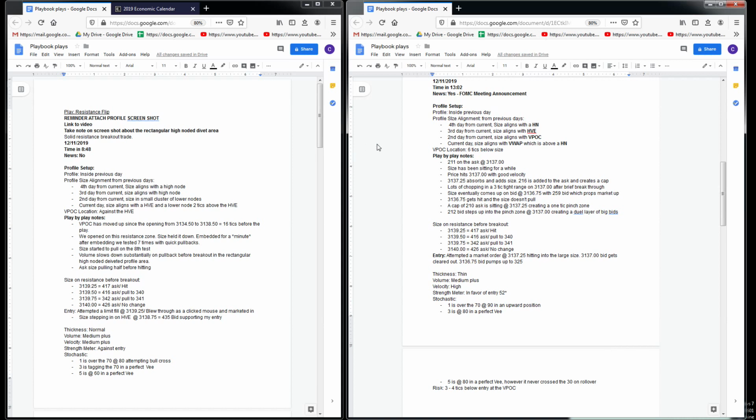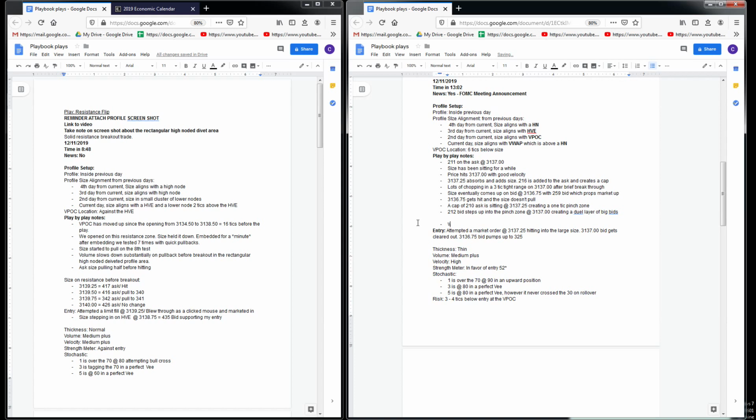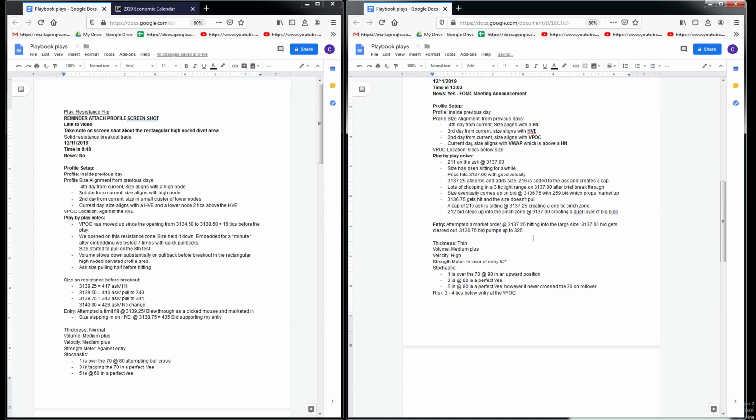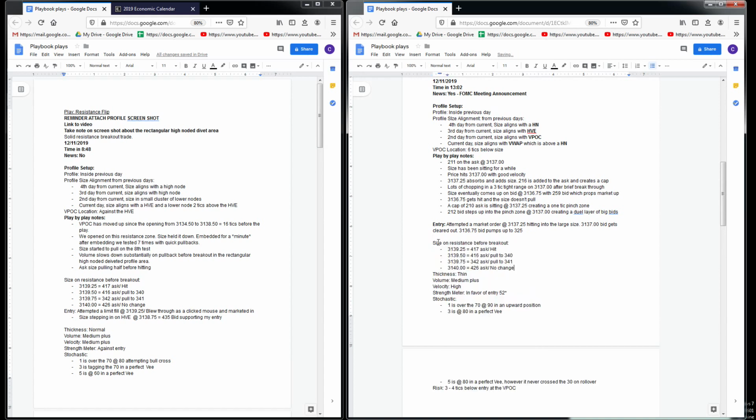What I'm going to do is these notes are what's happening before my entry. So what I'll do is I'll move this down. Size on resistance before breakout.